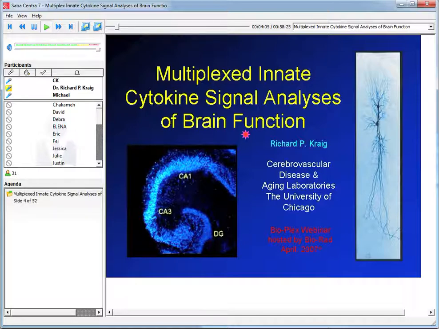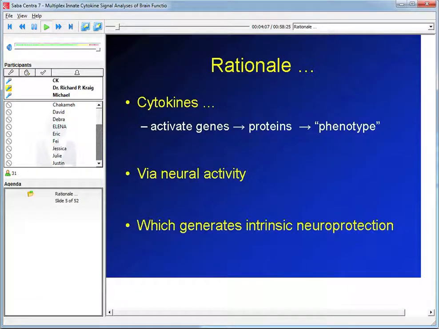We're not so interested in disease, but in fact we're interested in the notion that a principal reason for cytokines is to activate genes, to create proteins, which in a conglomerate change the phenotype of the organ structure it's operating in. And I'll explain that more as we go, because this is key.